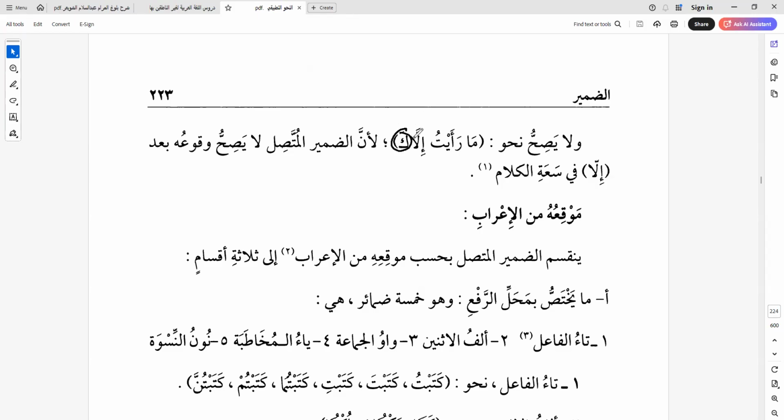Rather than say ma ra'aytu illa anta. لأن الضمير المتصل لا يصح وقوعه بعد إلا في سعة الكلام. It doesn't appear right after إلا from the general perspective of grammarians.